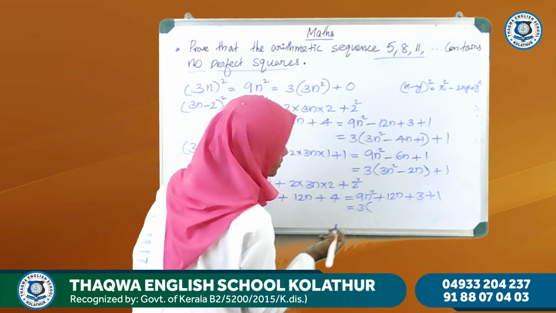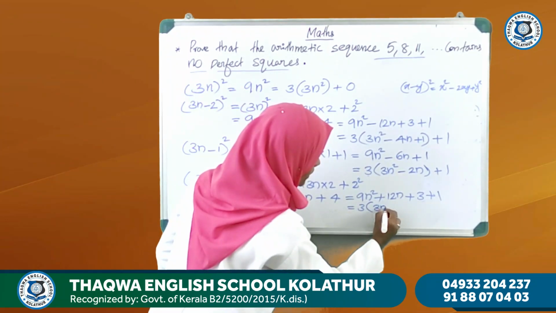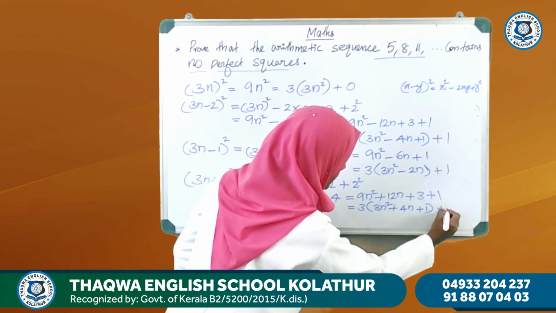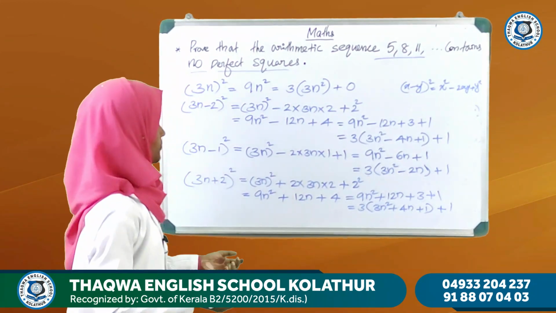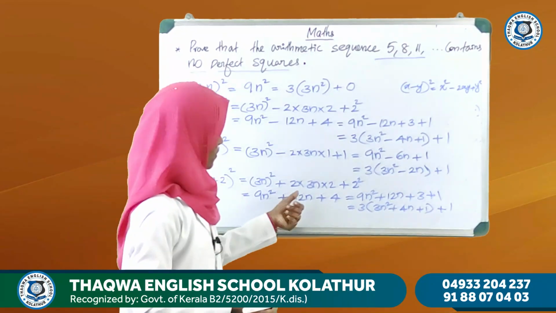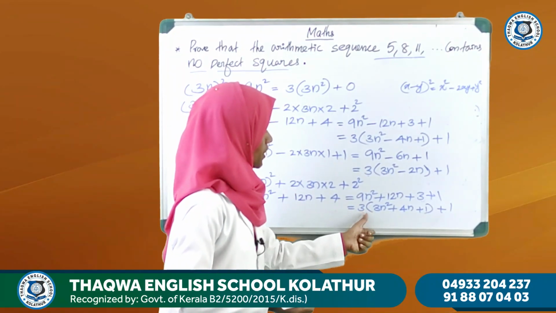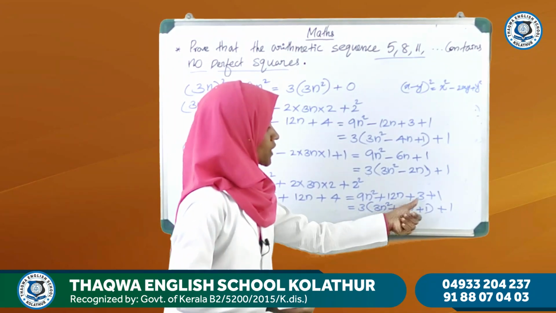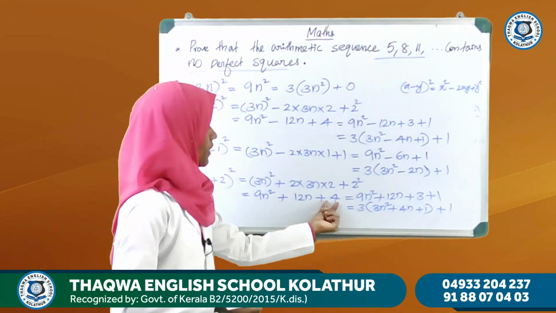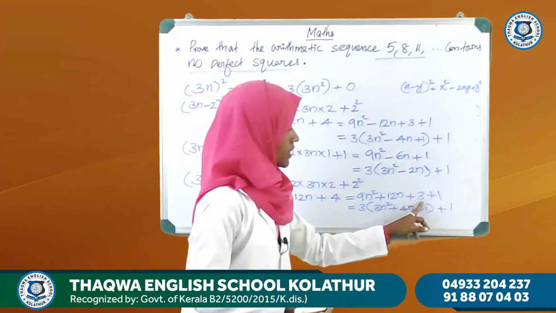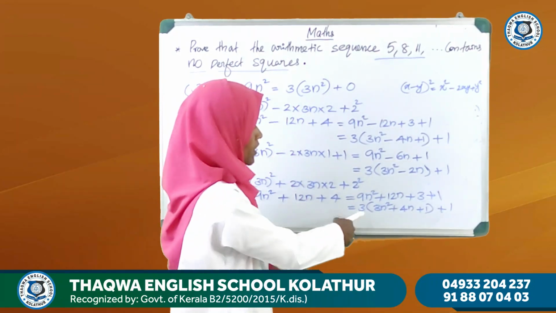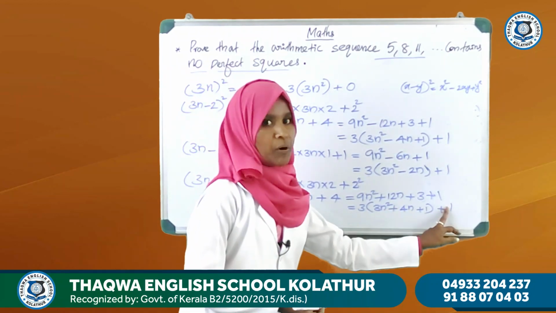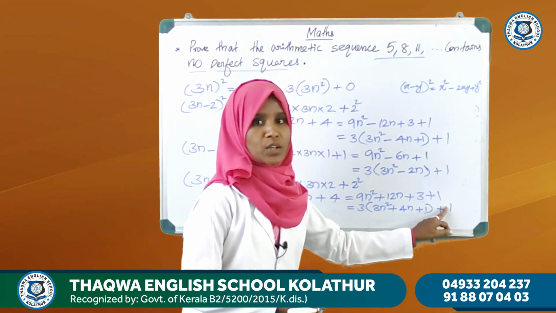Then if we take 3 outside, 3n square plus 4n plus 1, plus 1. That is 3 into 3, 9n square, plus 3 into 4, 12n, plus 1 into 3, 3, plus 1. Here 4 can be written as 3 plus 1. Then here also if we divide this number by 3, the remainder is 1, not 2.